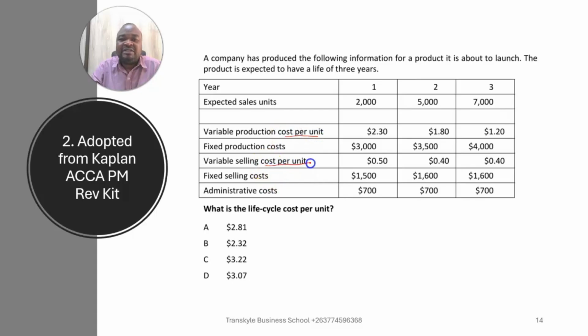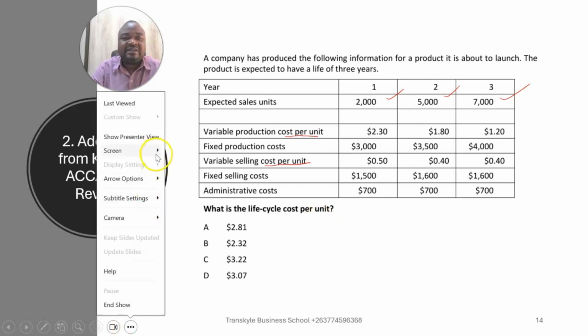These ones per unit, which means then you have to multiply these by the total number of units, respectively, by the units produced in those particular years, and then you get the total. And then the costs here, they are given in total, so you just have to pick those figures and get the appropriate answer. So let us do this one in Excel to see if we are mastering the game.